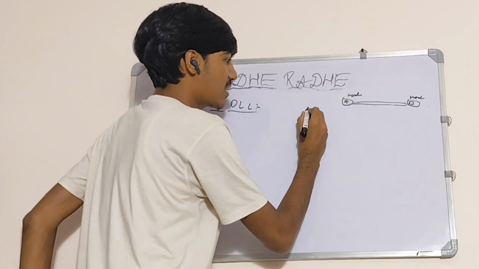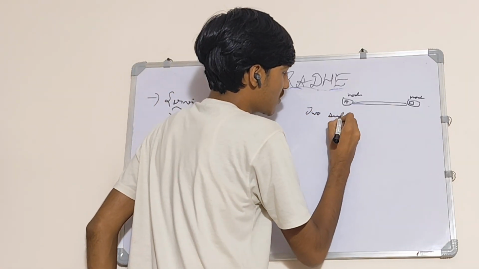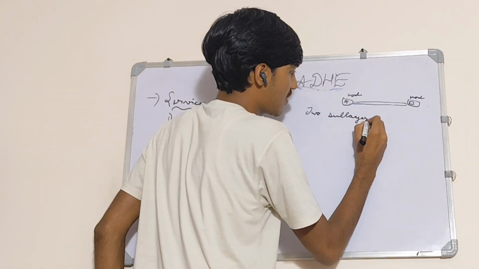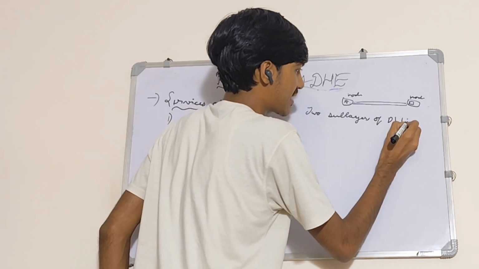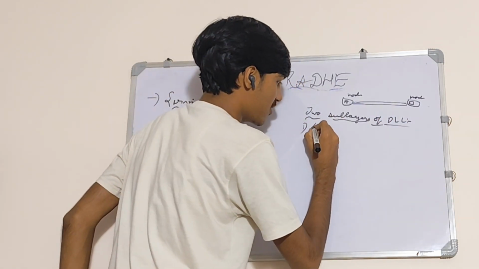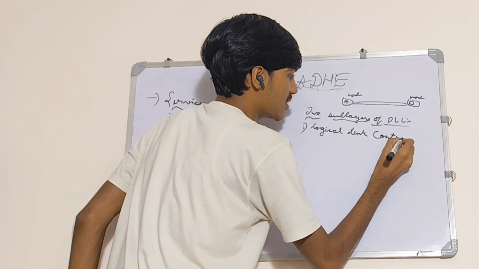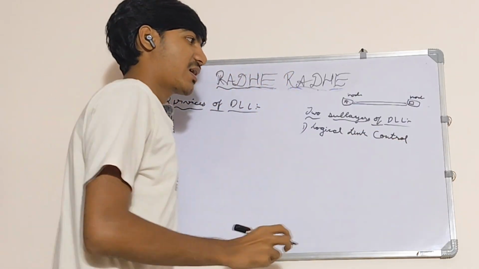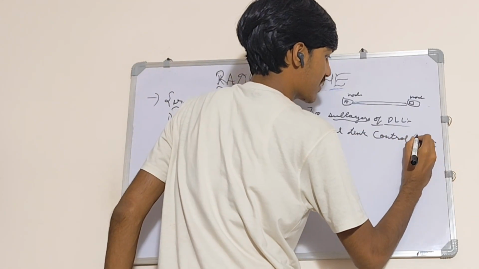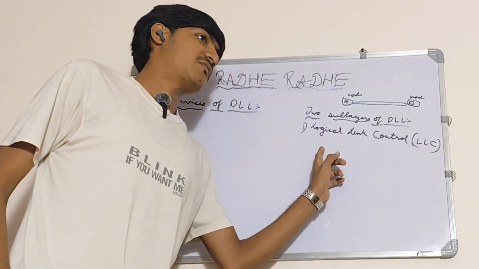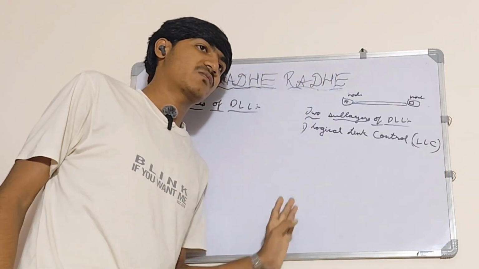Okay, there are 2 sublayers of the data link layer. The first one is logical link control, they call it LLC. This is the first sublayer of the data link layer.